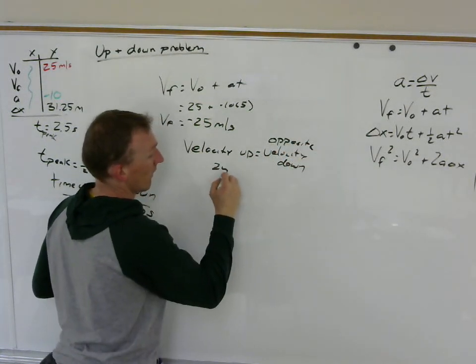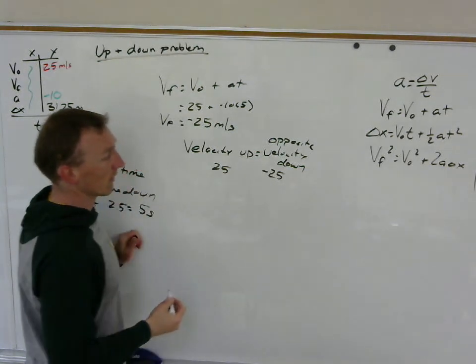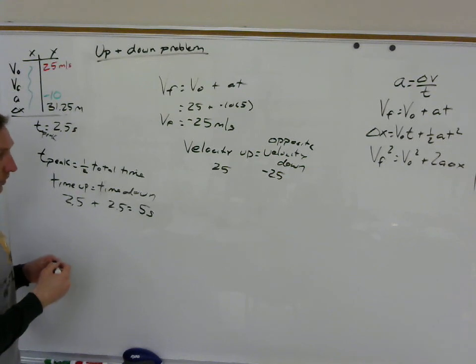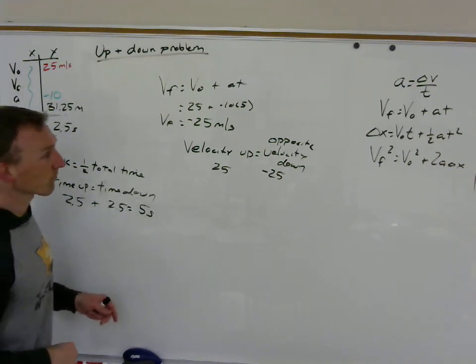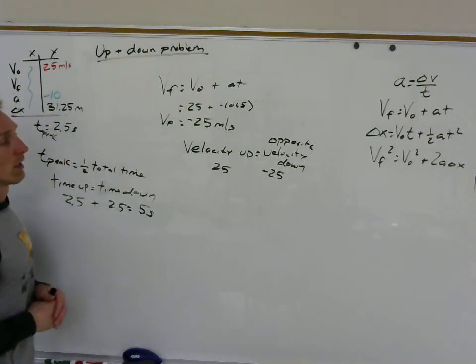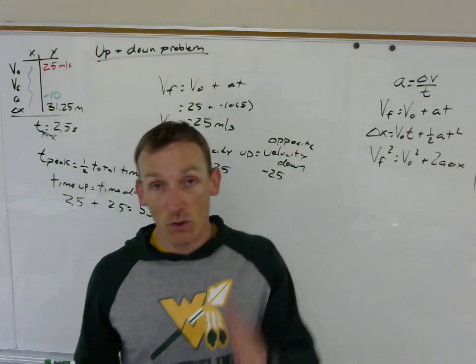Meaning, if this was 25 meters per second, this would be negative 25 meters per second, just like we saw here. So even knowing that, you can bypass that step, but it's always good to go and check it out. So these are the 3 problems that are vertical only.